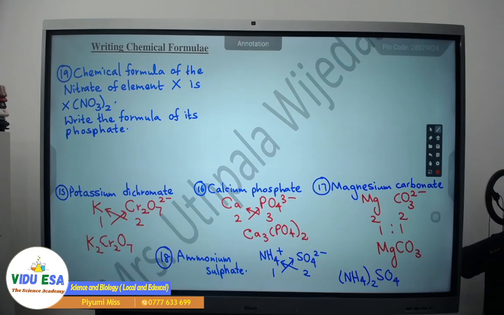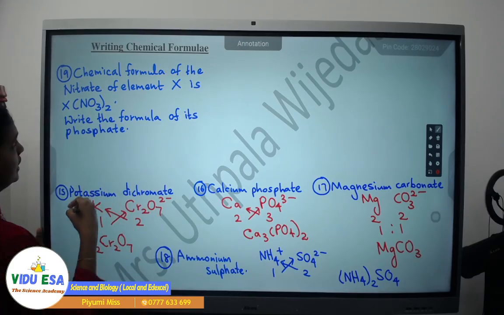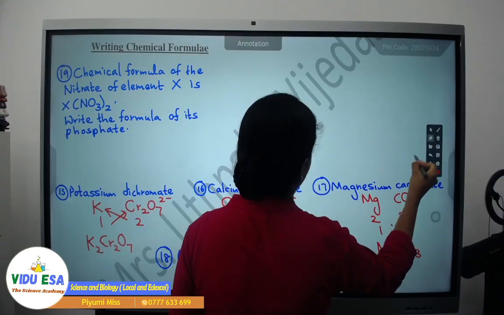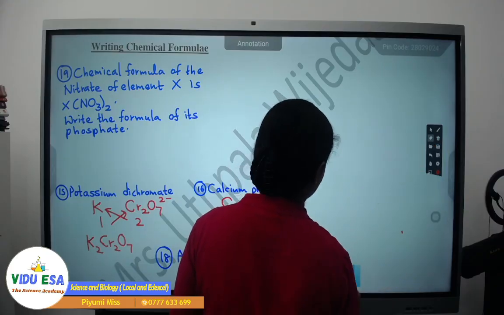Yes. Akitya has sent X3PO4 twice. Any other answer? Yes, Siruja. The chemical formula of the nitrate of element X is XNO3 twice, they say.